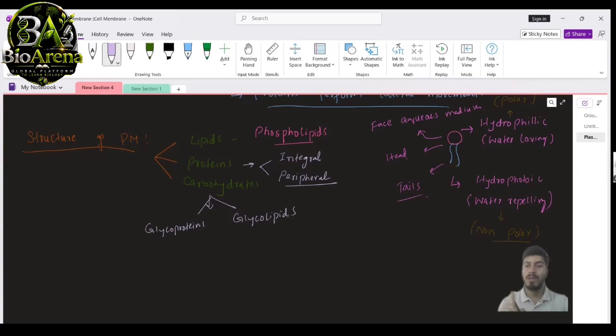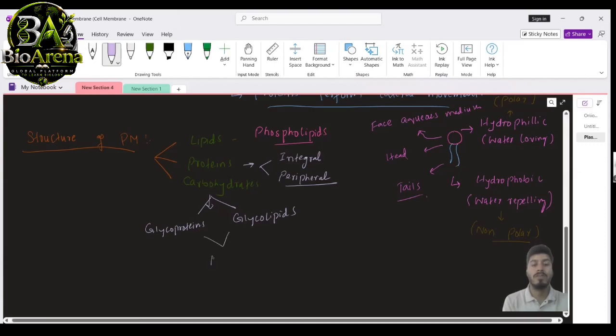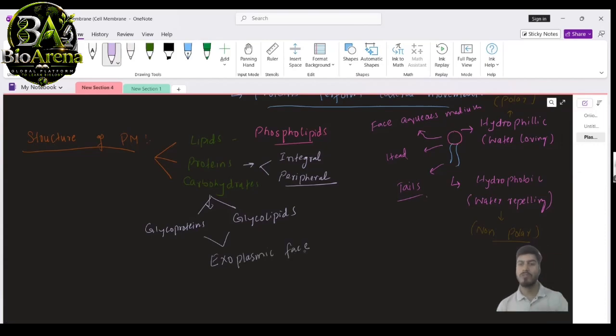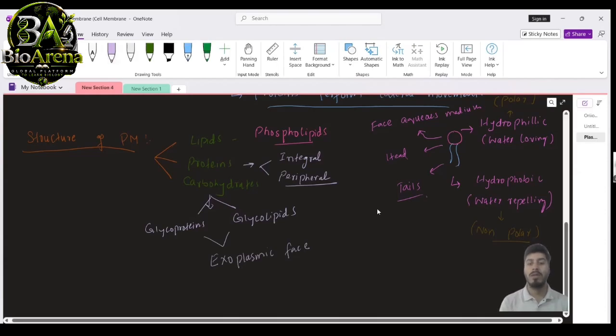And remember, the carbohydrates are always toward the outer face of the plasma membrane, the exoplasmic phase. This is important. Not towards the cytosolic phase, but towards the exoplasmic, extracellular side. This point is important, you have to remember.